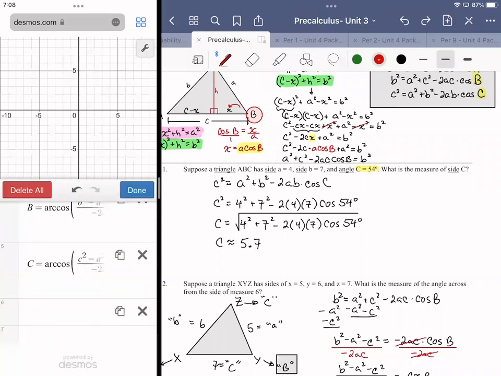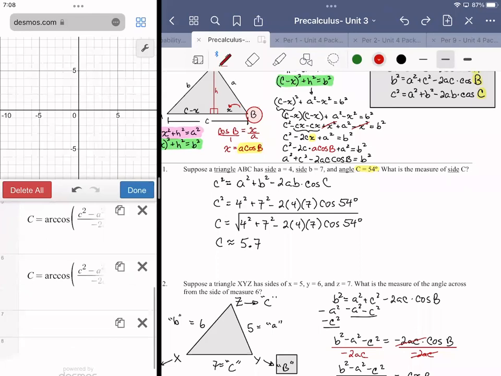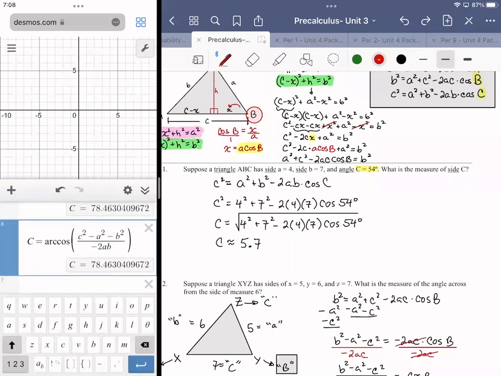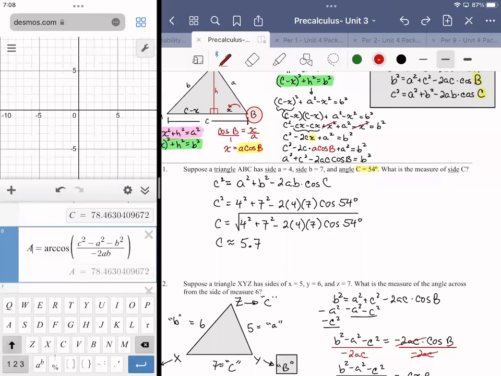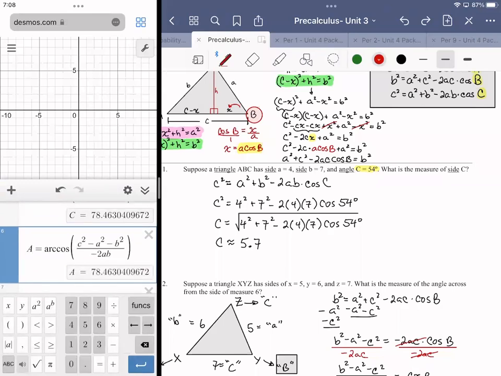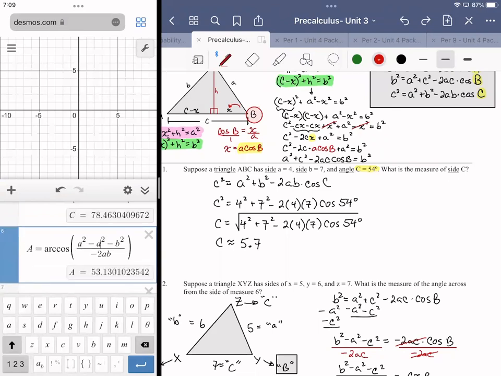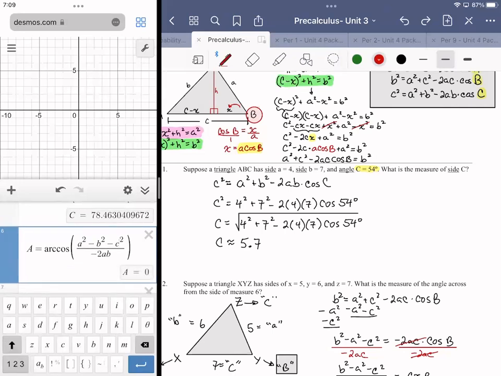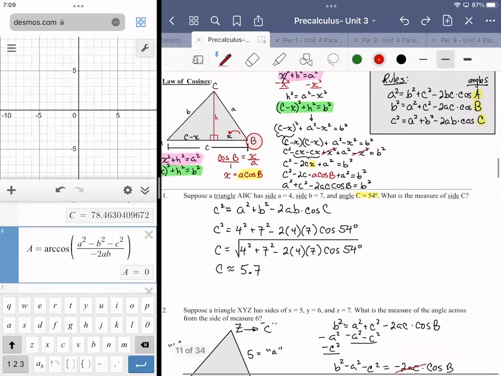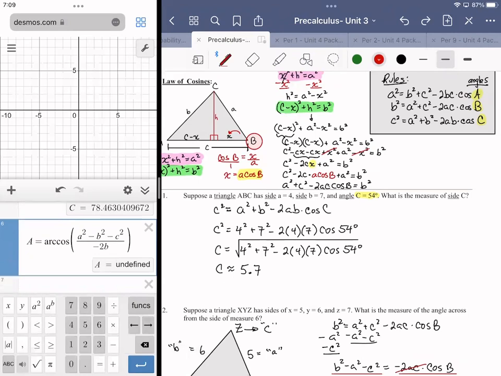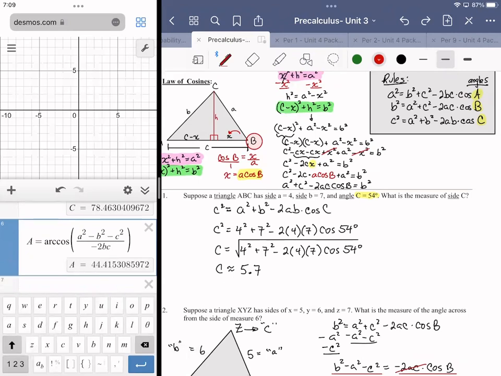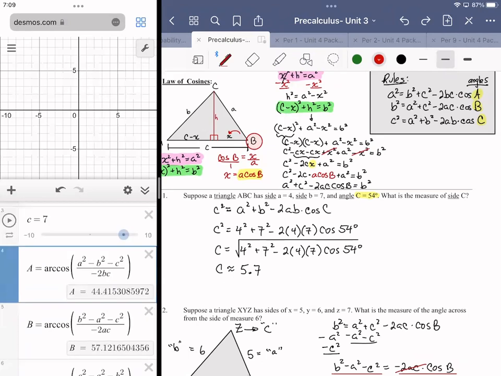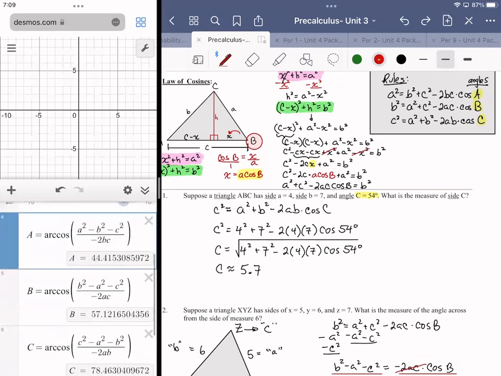And then you could do the same thing finding angle A. So angle A would be really the same general idea, except A squared minus B squared minus C squared over 2BC. You're just swapping some letters around, that's all. So you'd have angle A, angle B, angle C just by knowing sides A, B, and C.